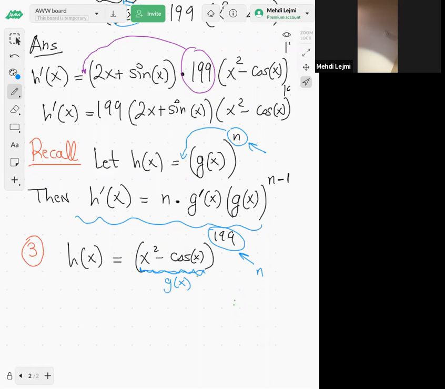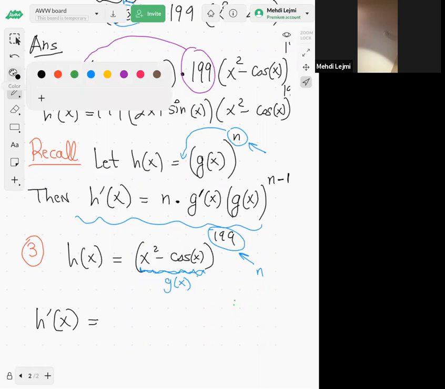Now, if you want to apply this formula instead of using the chain rule, then you can say your h prime is supposed to be equal to, well, first n, right? And what's n? The power n is 199, right? So here's my 199 times g prime.